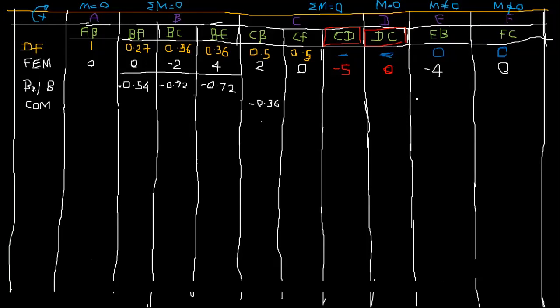That's minus 0.36, right? Now joint B is balanced, right? You have an unbalanced bending moment of minus 5.